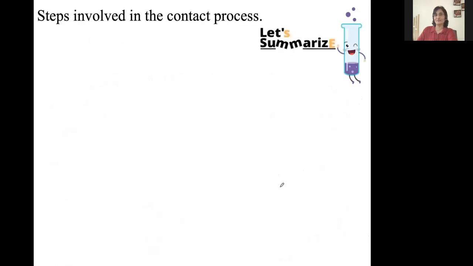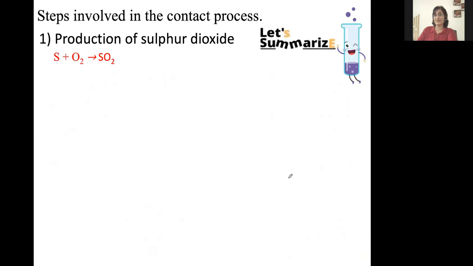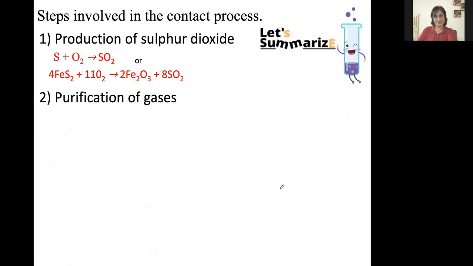So let's summarize again. We have the steps involved in the contact process: production of sulfur dioxide, which can be either by heating sulfur or heating iron pyrite, zinc sulfide, or lead sulfide, any of those. Purification of gases, where we don't have any equation.